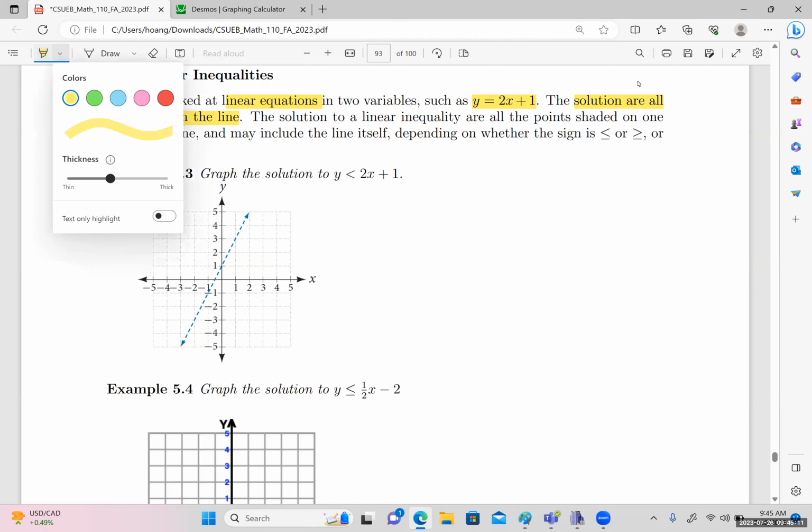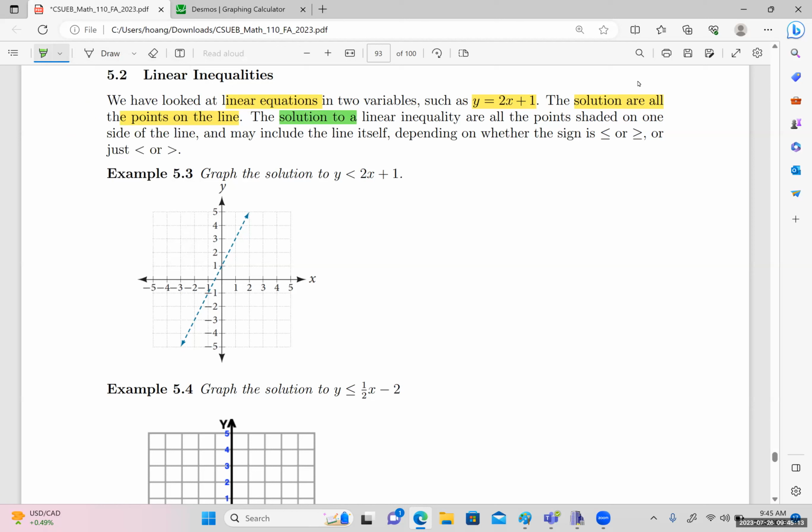so now we're going to talk about solutions to linear inequalities, which is all the points shaded on one side of the line, and it may also include the line. Maybe I use another color.